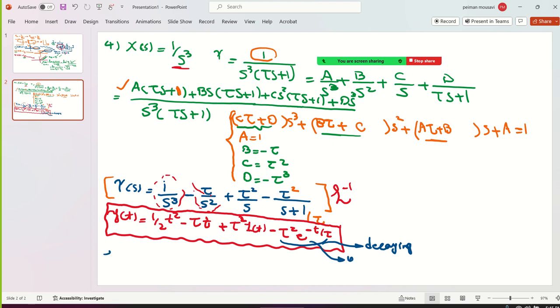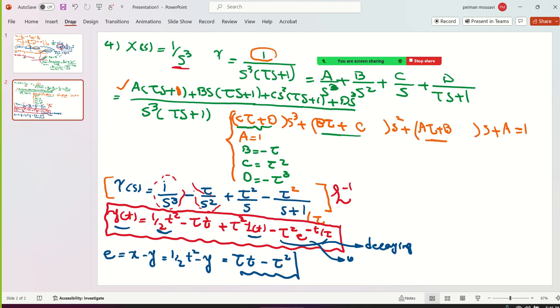And we define error signal as input minus output. Input is this, output is this. So it's going to be 1 over 2 t squared minus y. From here, it's going to be tau t minus tau squared because unit step is 1. That's it. This is your error signal.